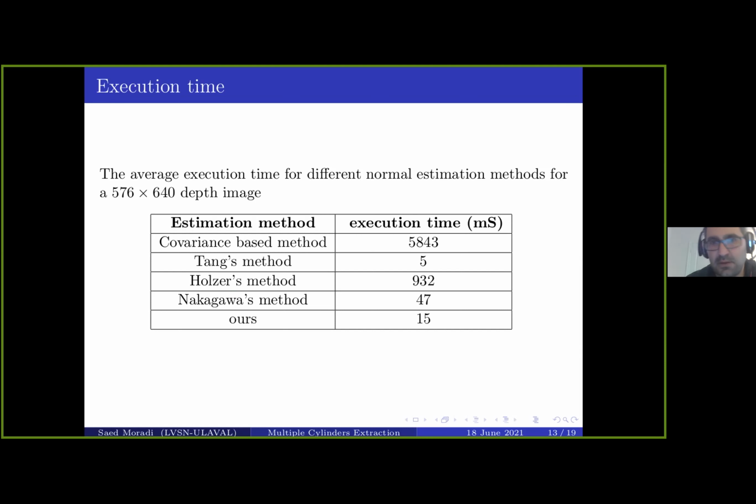Actually, we don't have a full 3D data since we are just using a depth image. We have 2.5D data. So in the best case, we just have 40 or 50% of the surrounding points of the cylinder. So that's not full data. After projecting the data, it's a partial circle.